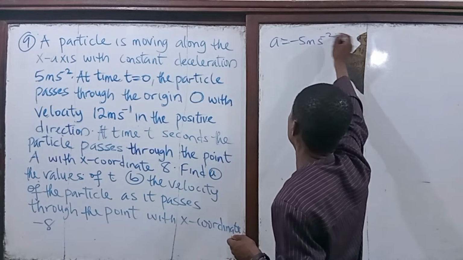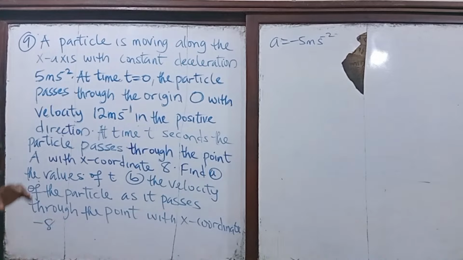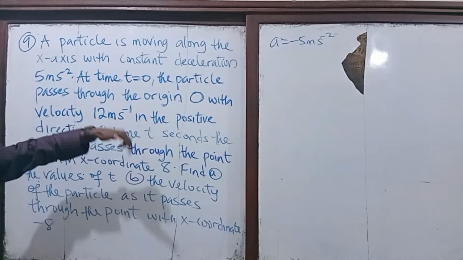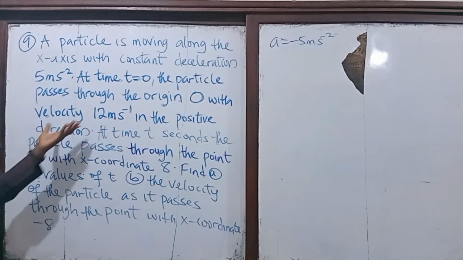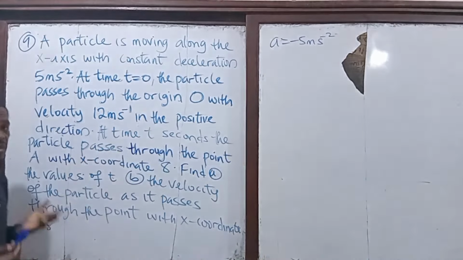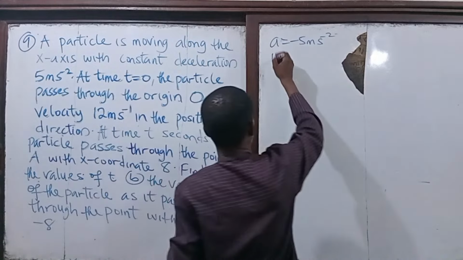That's the deceleration. At t equal to 0, the particle passes through the origin O with velocity 12 meters per second in the positive direction. We've already said it's origin O, so that's u equal to 12.